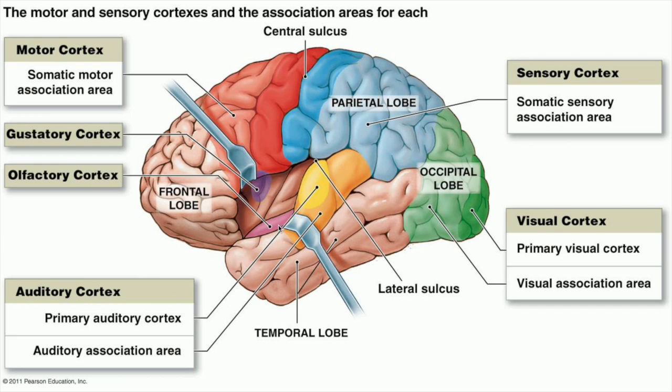The olfactory cortex receives information from smell receptors. The primary auditory cortex receives sound information. And then the auditory association area recognizes specific sounds like words. So the association areas turn what we get in the primary areas into things we can understand.